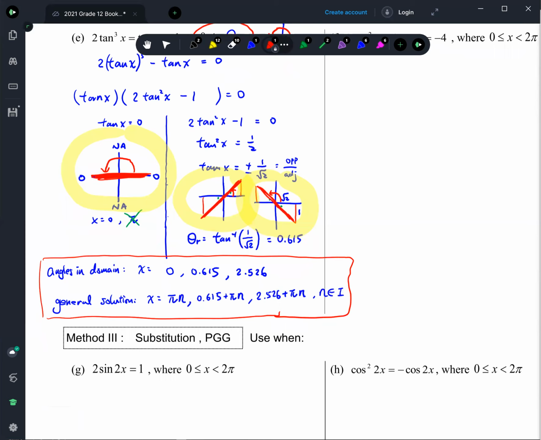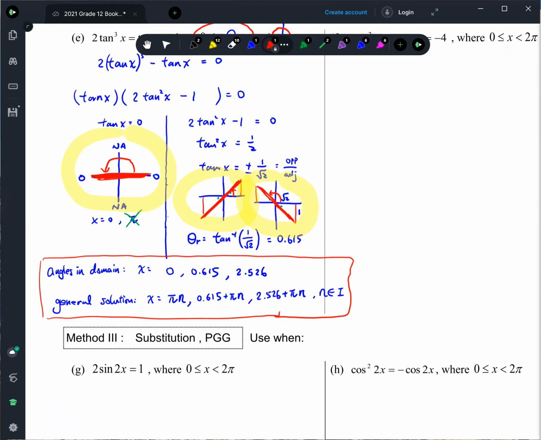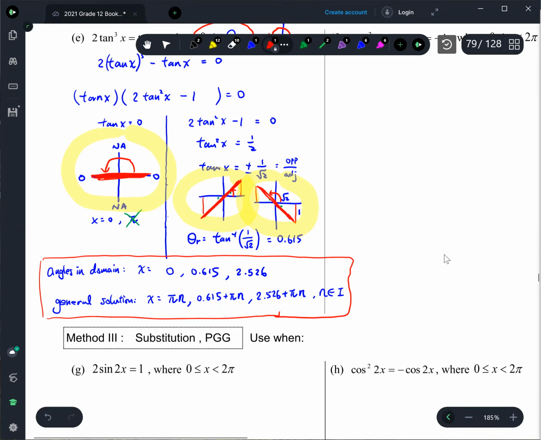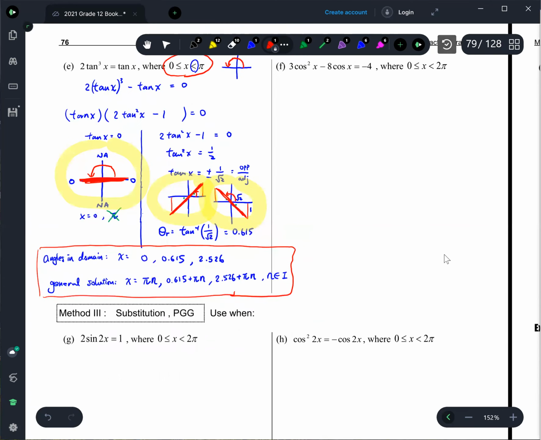If it bends, then you need to use 2 pi n. Please raise your hand if you finish writing down. We have one more question to cover.